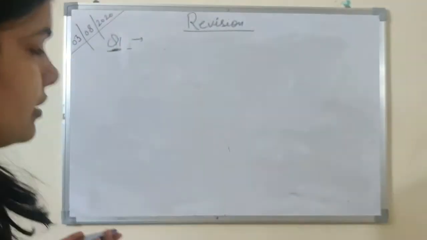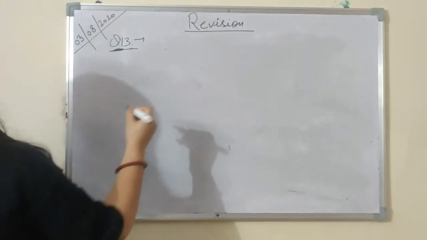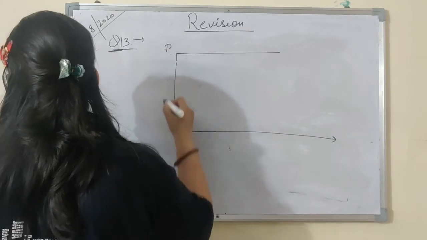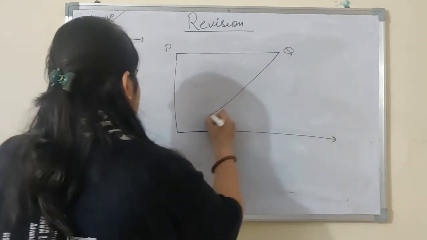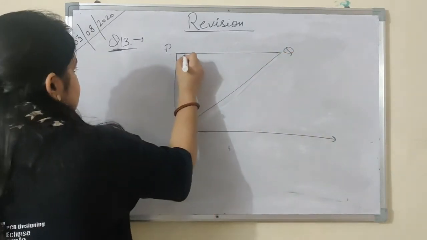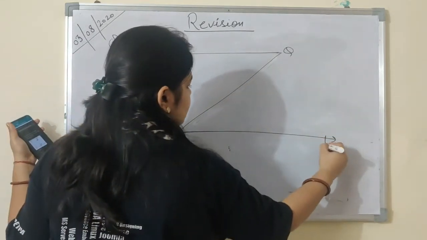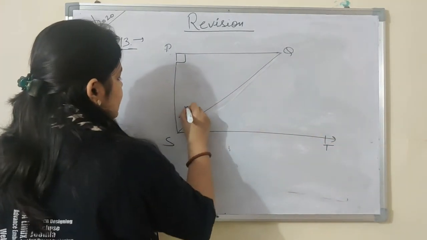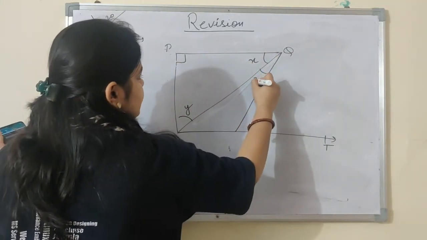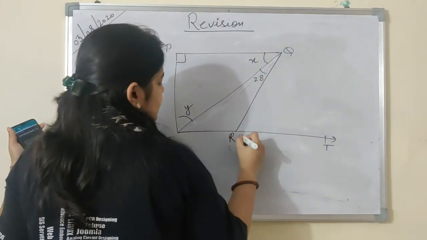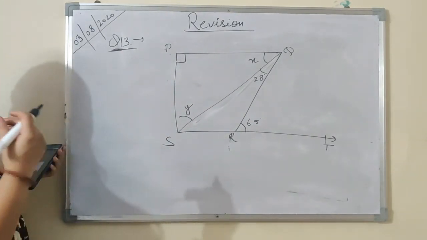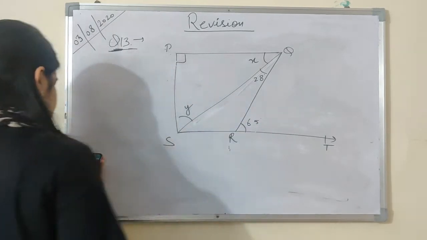A figure is given to you like this, where PQ is perpendicular to PS. Then this is given as Y, this is given as X. Then this is given as 28 degree and this is given as 65 degree. Now here, angle SQR is given as 28 and this is given as 65.